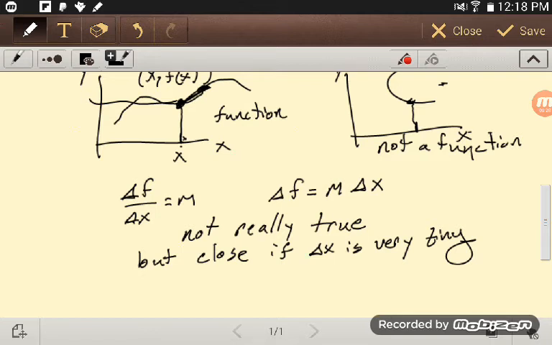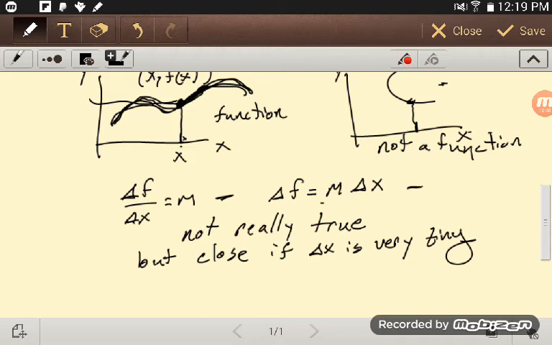Okay, so this notation, I want you to get used to thinking about this f notation, f of x, and the functions and all that. But to write these two things, generally speaking, for a general function, something like this up here, these two statements aren't really true, but they're really close if we take delta x small enough.